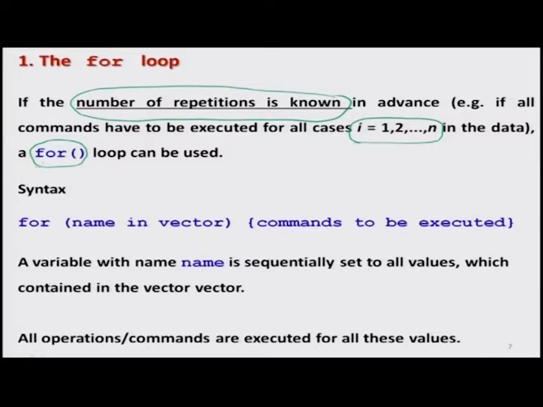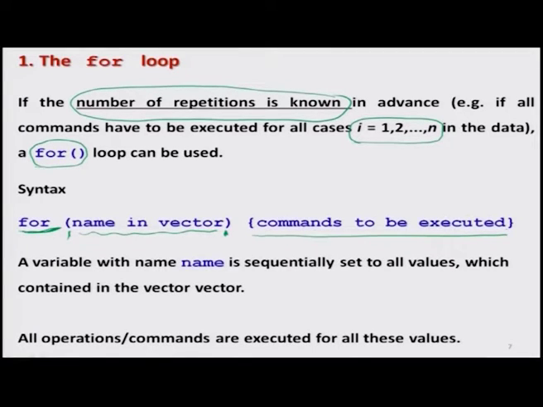And the syntax of the for loop is very simple. Just write for, and inside these brackets write the name of the vector in which the values are assigned, and inside this curly bracket you have to write all the commands which have to be executed.